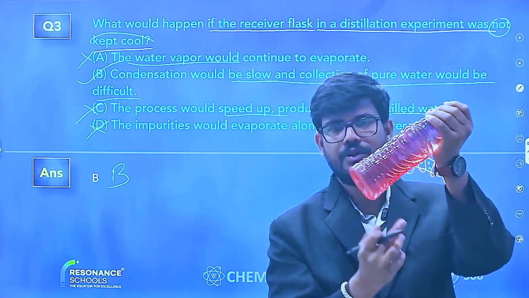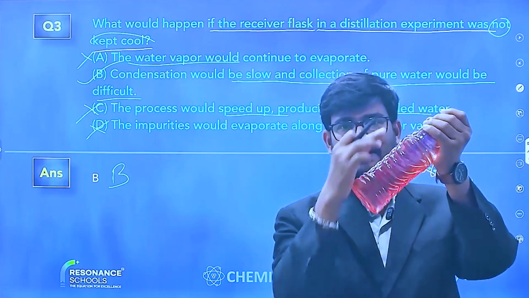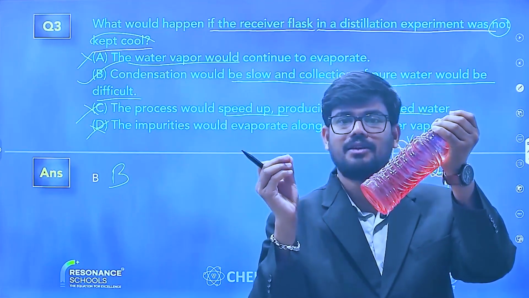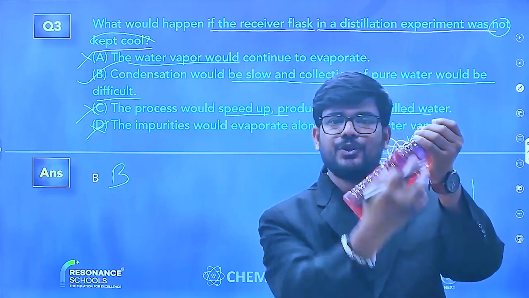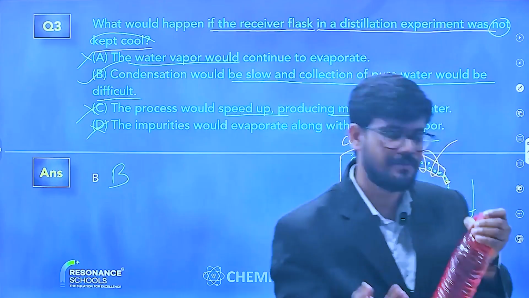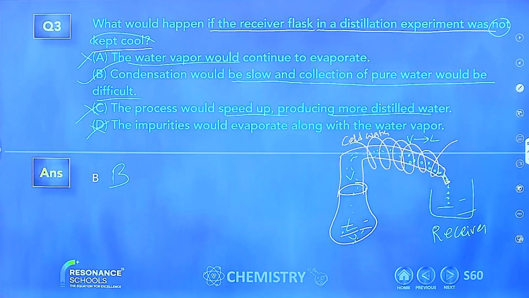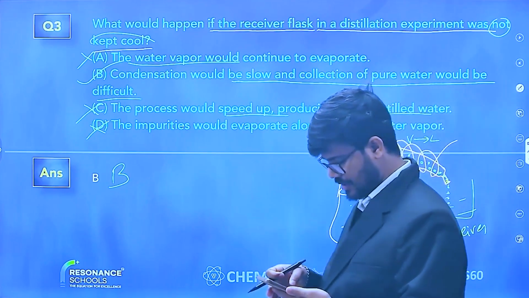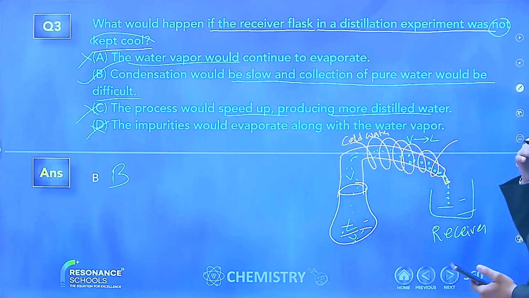We are just rolling one tube like this, and we are passing cold water through this outside tube. Then the hot vapor inside will be converted to liquid. Now that is the idea. Okay. So this is done.